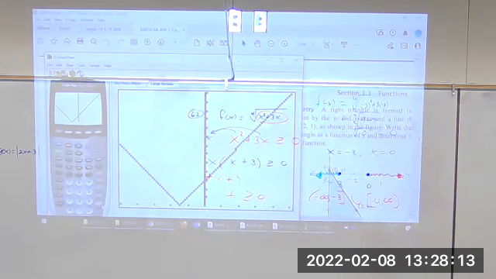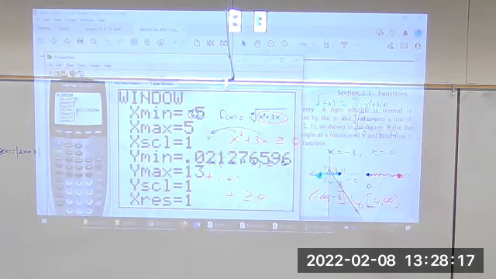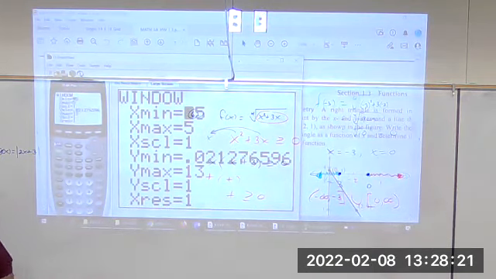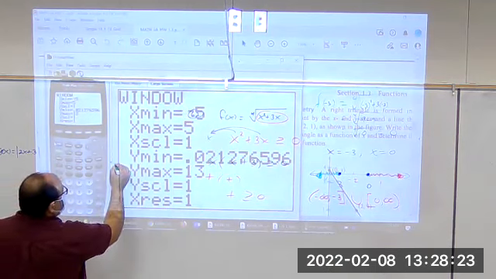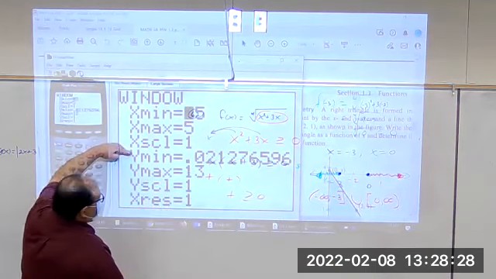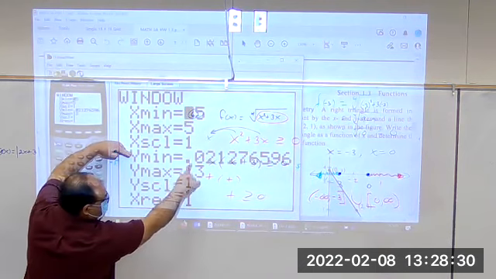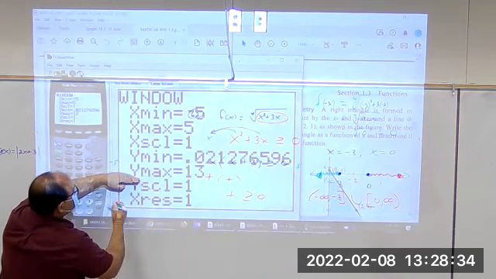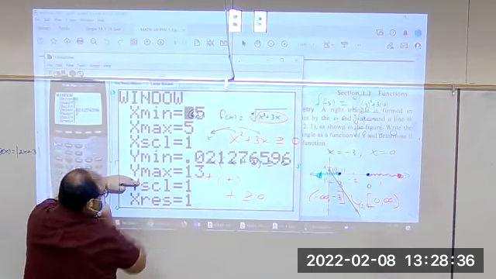So here's what it is. The window that it opened up is -5 to 5, just like I put in. So -5 to 5, but the Y minimum is 0.02. So let's call that just 0 down here, and it goes all the way up to 13.